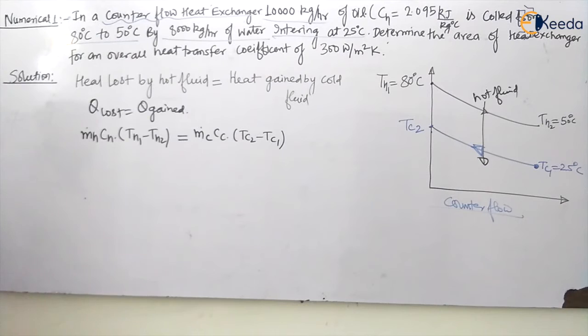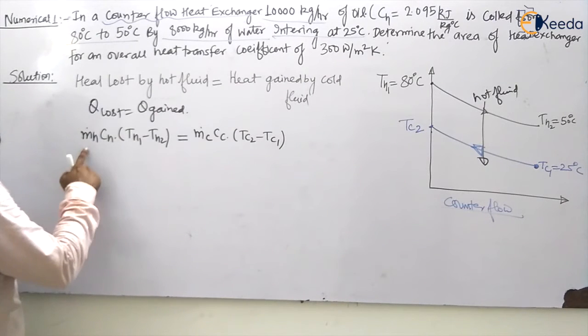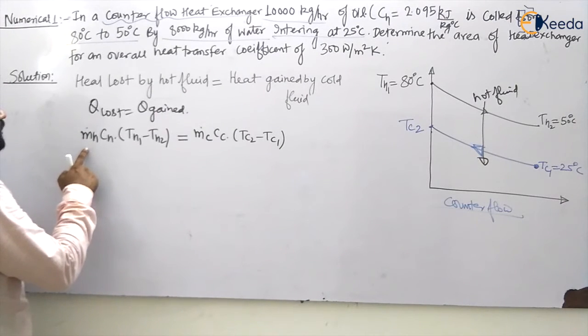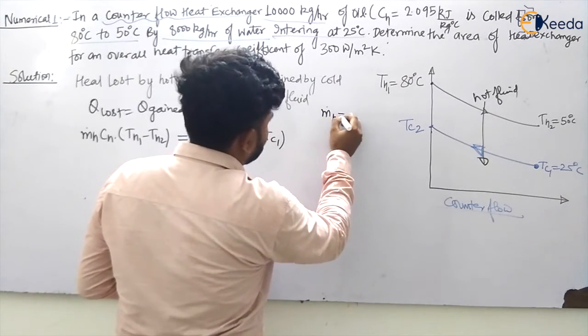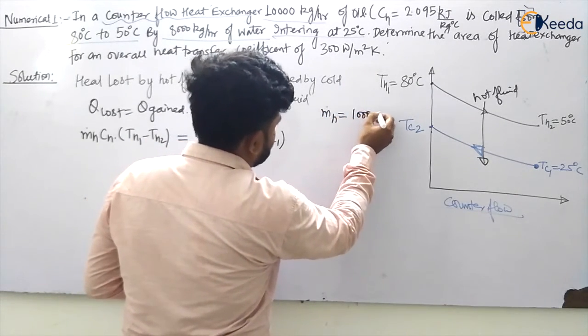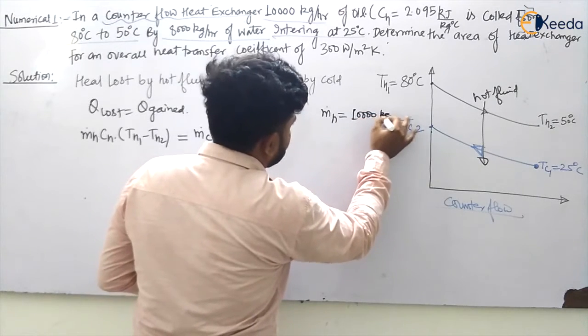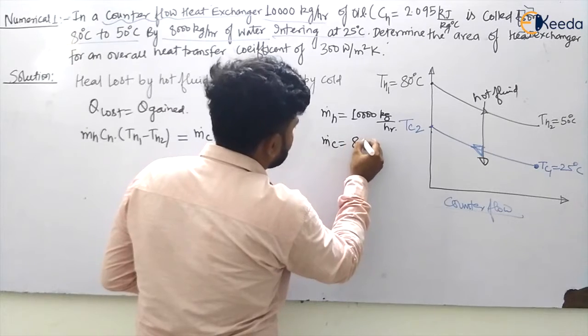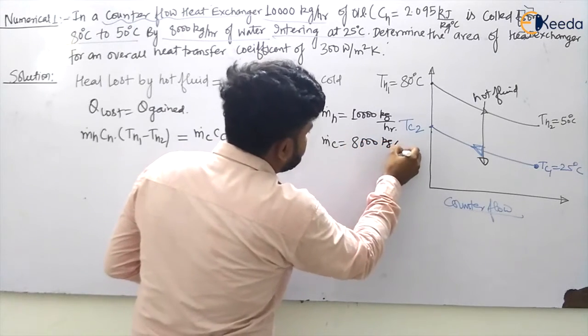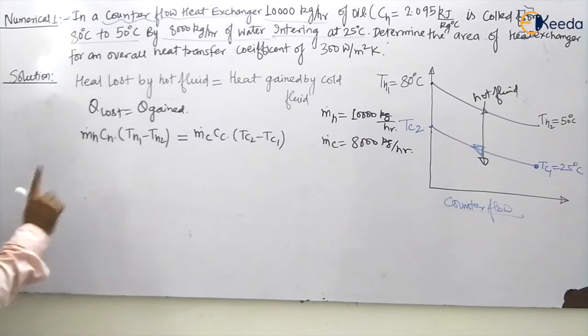So let us see what will happen. I know m_H. What is the value of m_H for the hot fluid? For the hot fluid, he has given the mass flow rate as 10,000 kg per hour, and for the cold fluid he has given 8,000 kg per hour, my dear students. So let us put all the values.